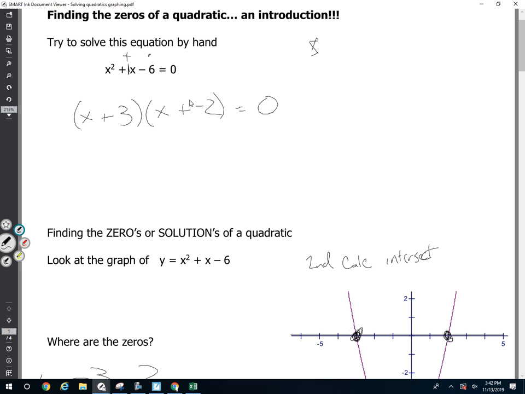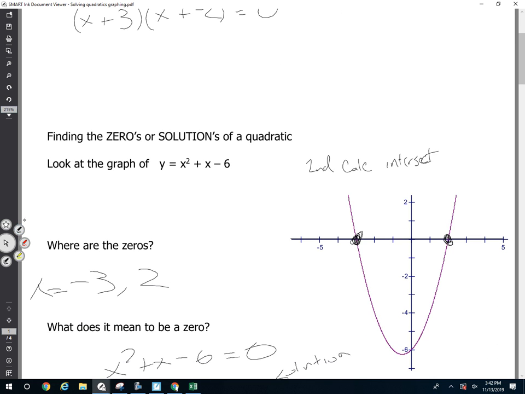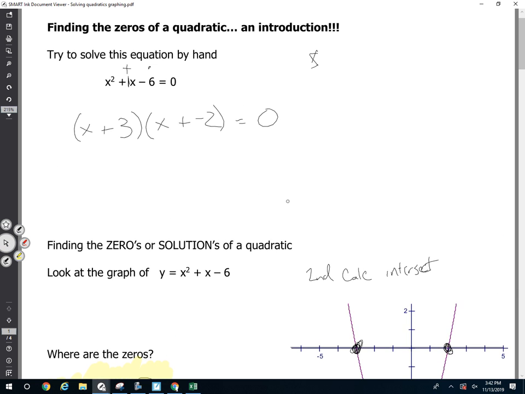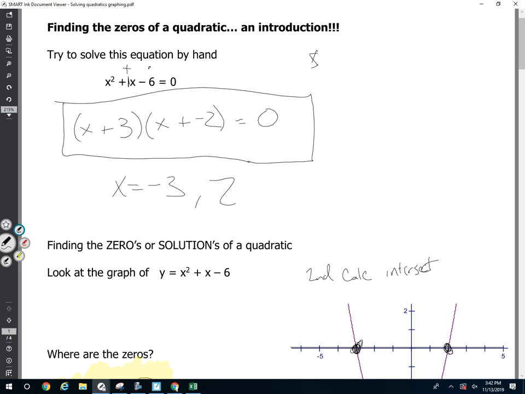Now remember, using our calculator, we found that our answers to this equation were negative 3 and positive 2. Can we see how you can get negative 3 and positive 2 if you look at this form? We flip them.